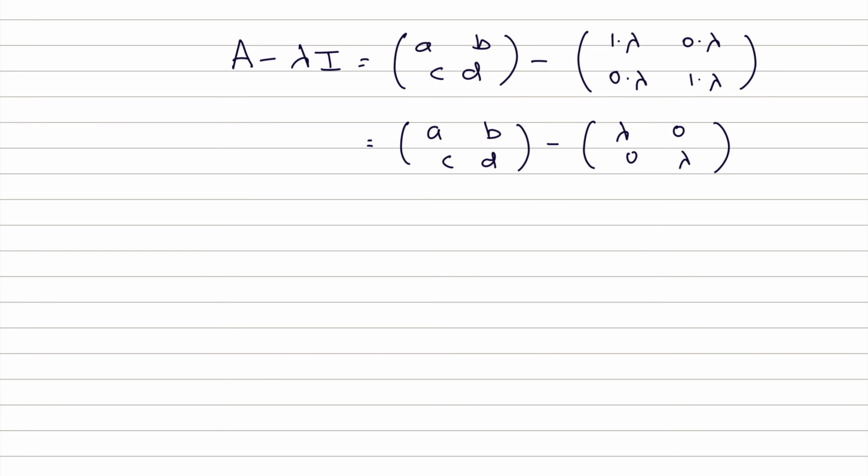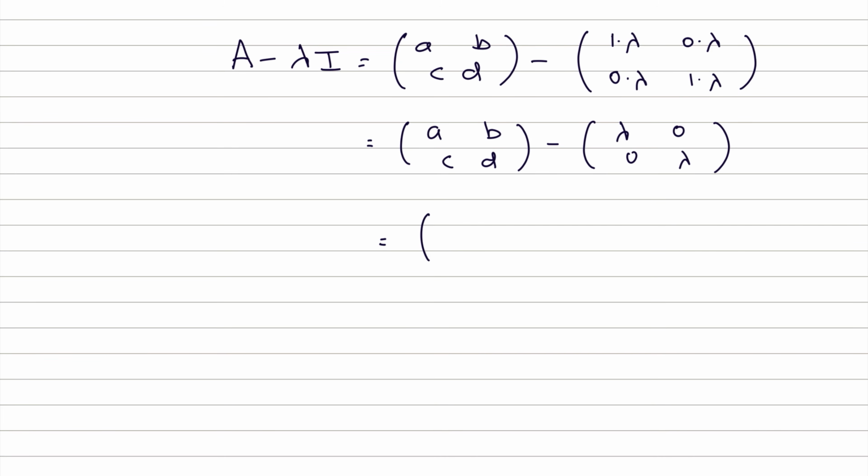If two matrices are added or subtracted from each other, the respective elements will be added or subtracted. In this it is subtraction.